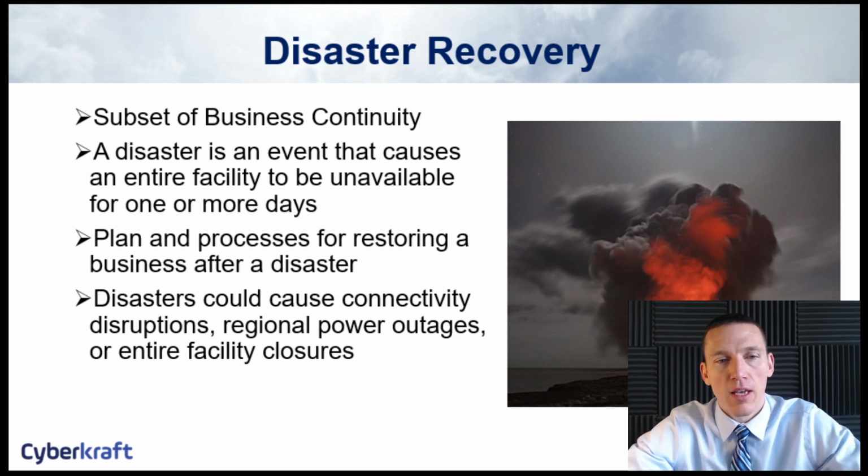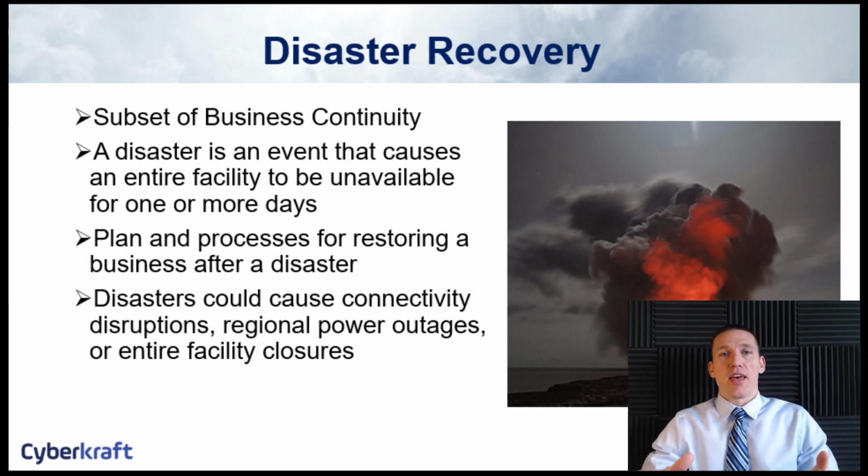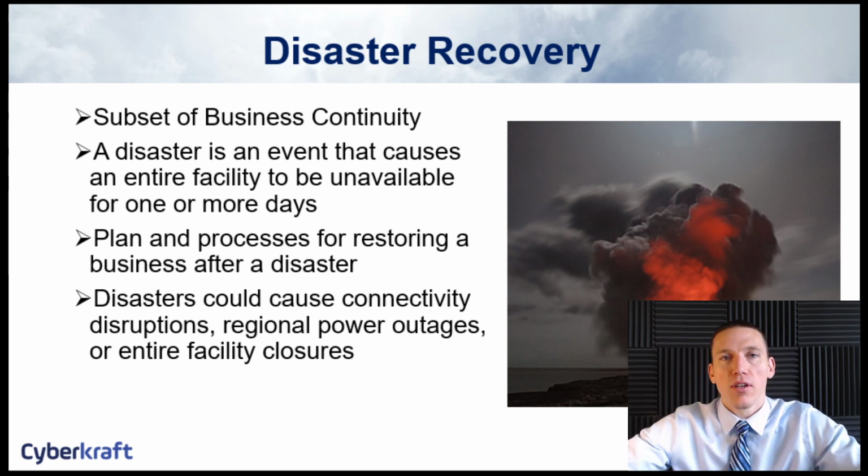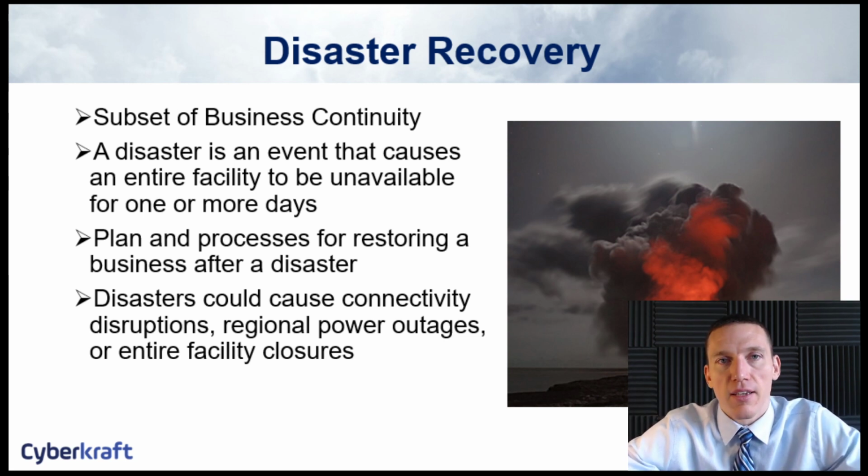Okay. So normally we talk about disaster recovery with natural disasters like fires or earthquakes. With what we're experiencing now, social distancing, continuity of operation plans include work from home provisions.